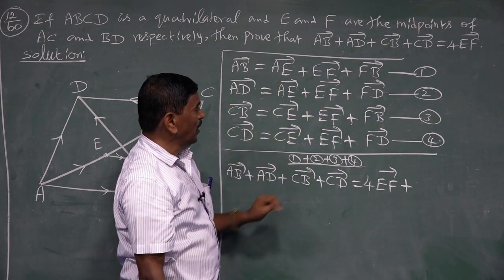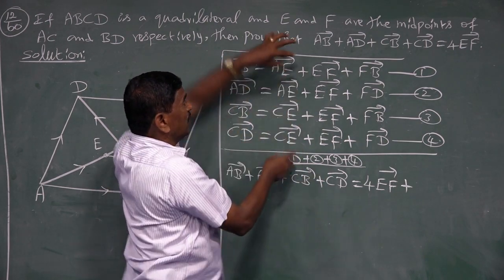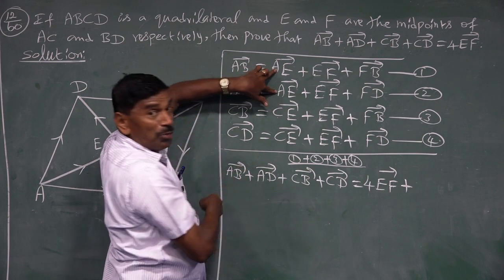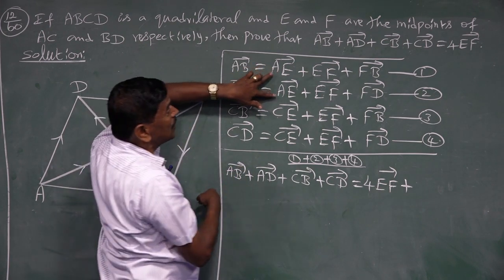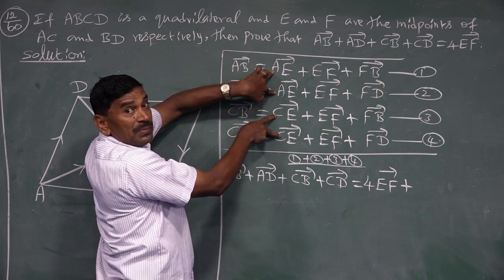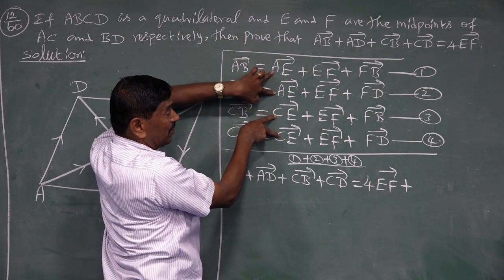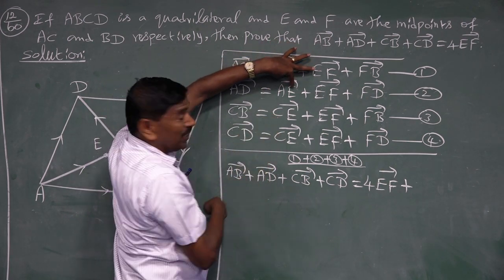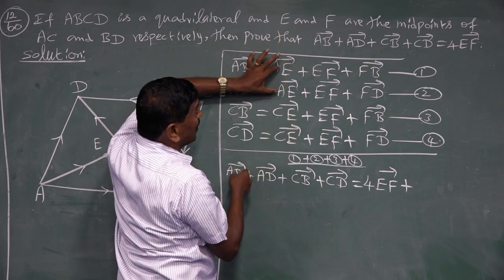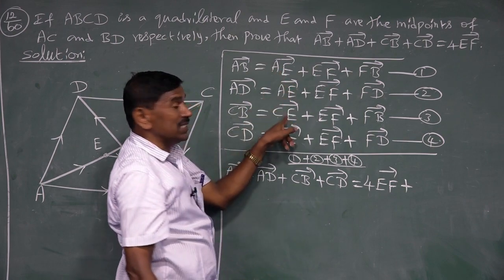Now consider the first column. Here, AE vector, how many times? Very good, twice. So 2 times AE vector. Next, CE vector, how many times? Yes, 2 times CE vector. Here E is the common point. What can you say about AE vector and CE vector?